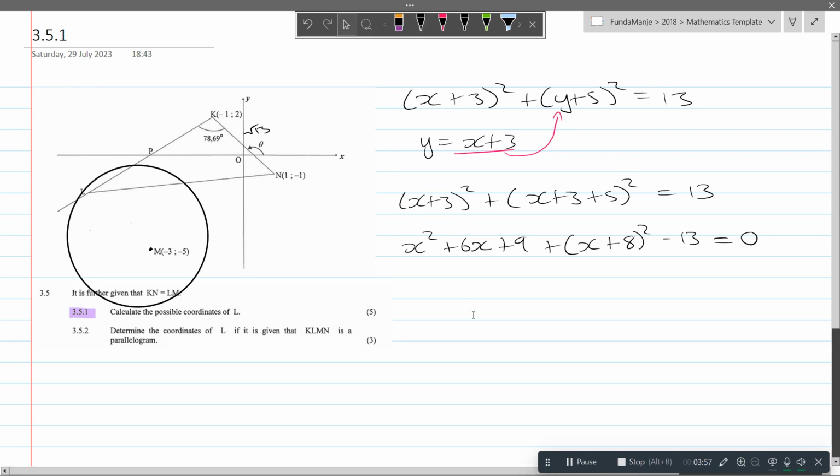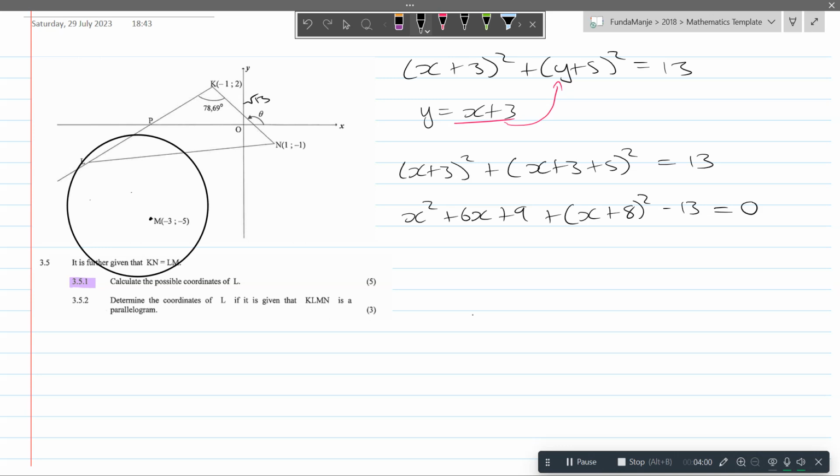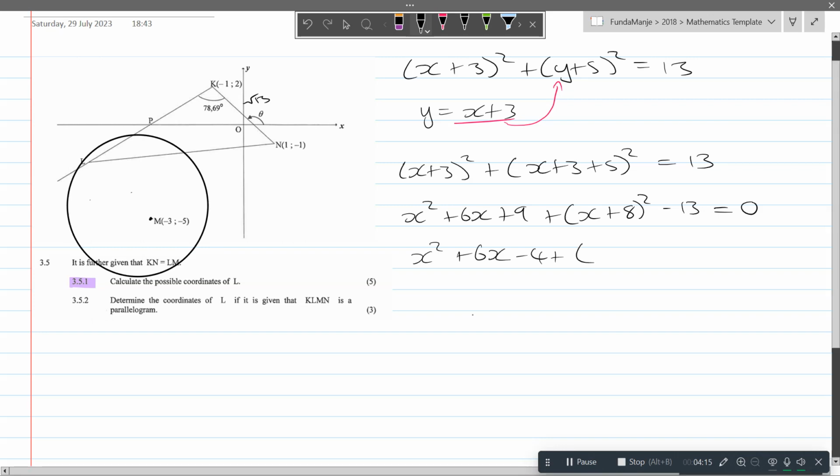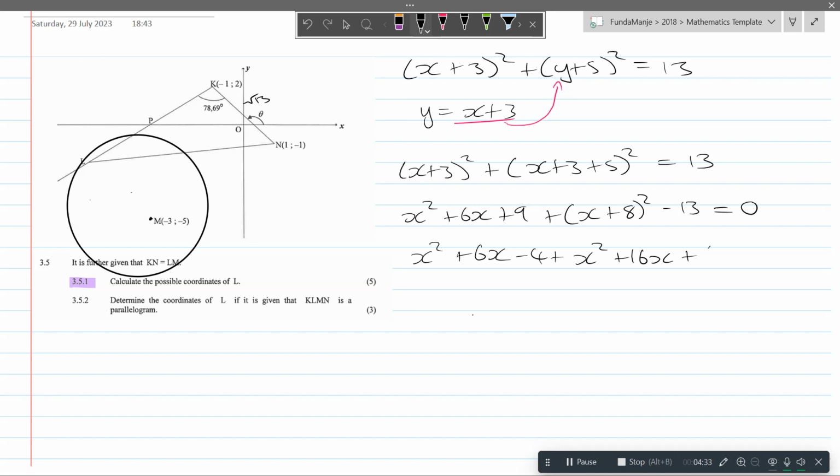Then from here we can continue: 9 minus 13 gives us minus 4. So we can update our equation: x squared plus 6x minus 4 plus (x plus 8) squared. We square x first to get x squared, then multiply them together and multiply by 2, so 8x multiplied by 2 is 16x, and then we square the last number, 8 squared is 64.